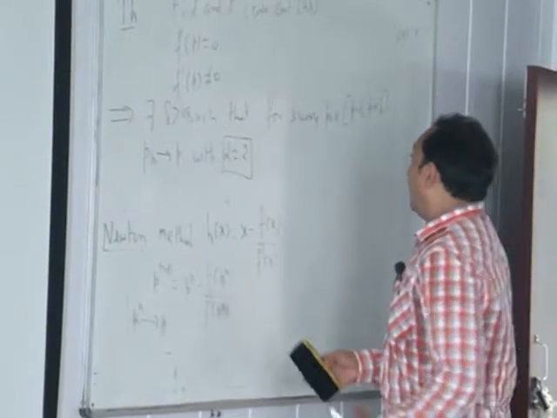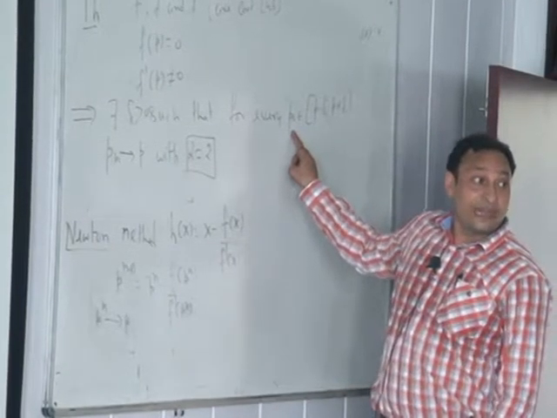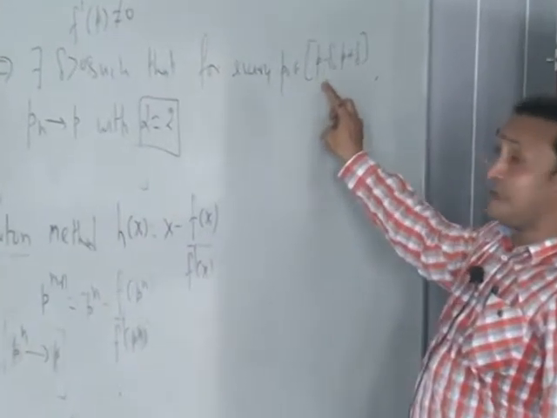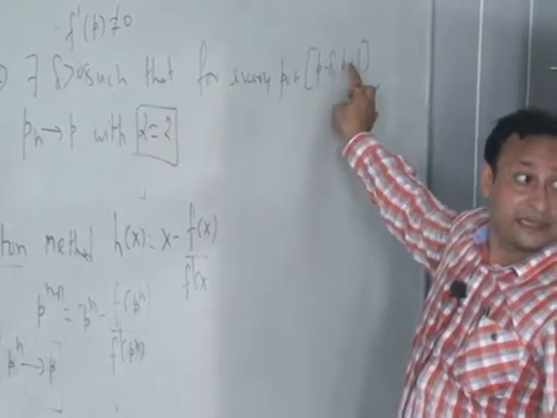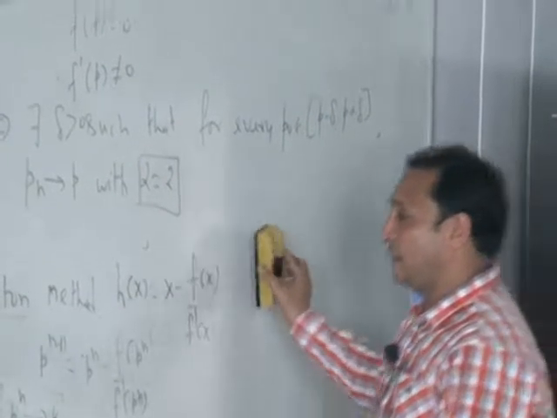We have no control on it, and that's a big problem. So this is not for p naught arbitrary. In this interval only.